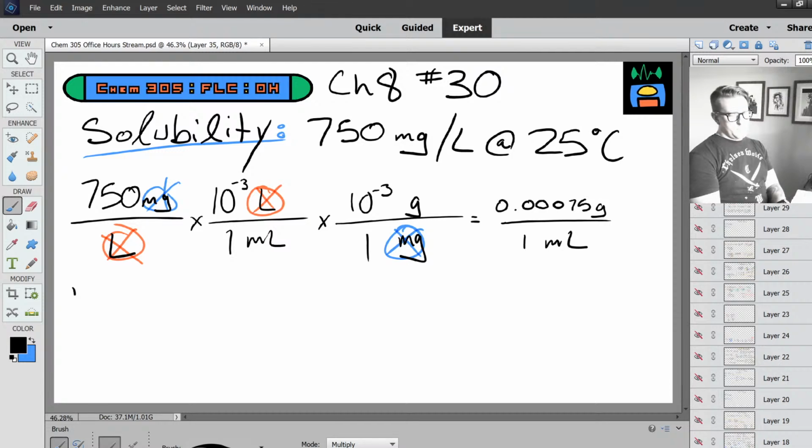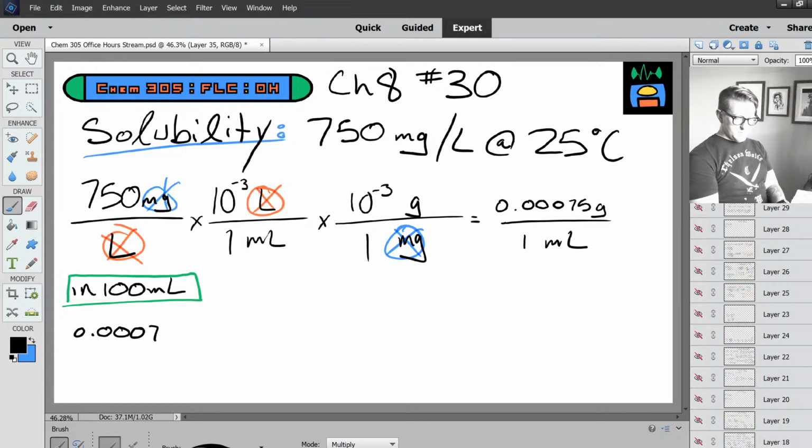All right. Let's take a look at in 100 milliliters. So we take 0.00075 grams per milliliter, and we multiply this by 100 milliliters.